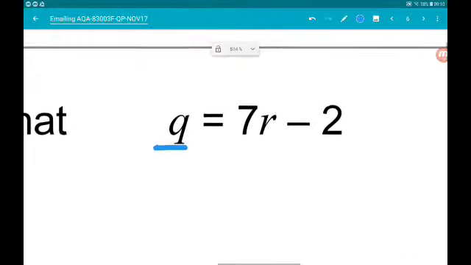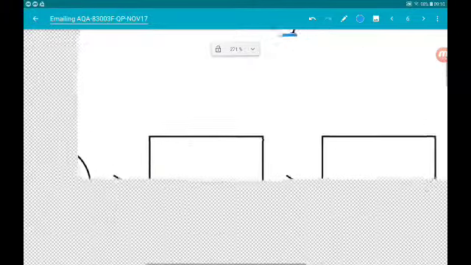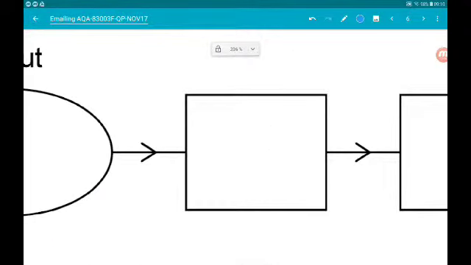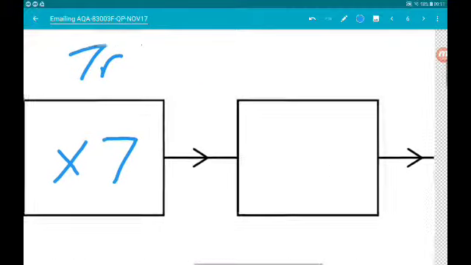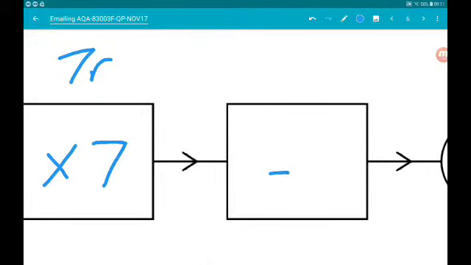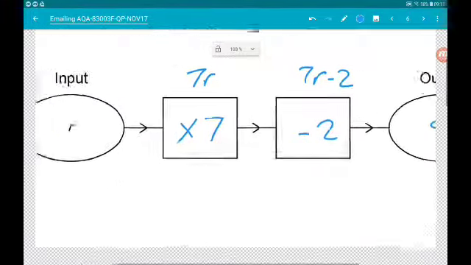Now, we want to turn R into 7R minus 2. So, first of all, we would multiply by 7. So that gives us 7R. Now, to get 7R minus 2, we now need to subtract 2. So that gives us 7R minus 2. Cool.